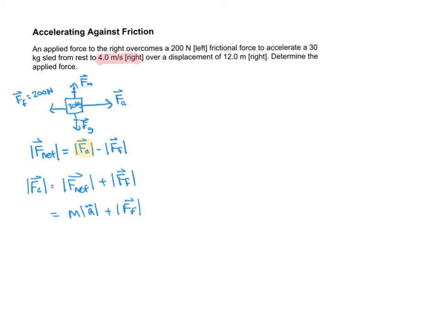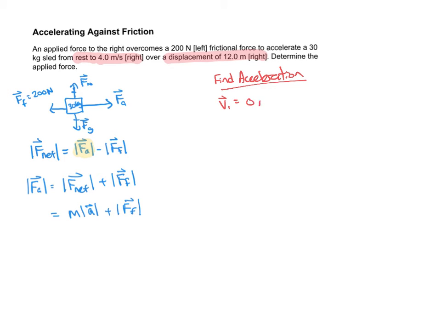So I'm going to highlight the values that are going to allow me to get the acceleration. And I'll just put a heading off to the side here, find the acceleration, and just do that work there. So it starts out at rest.